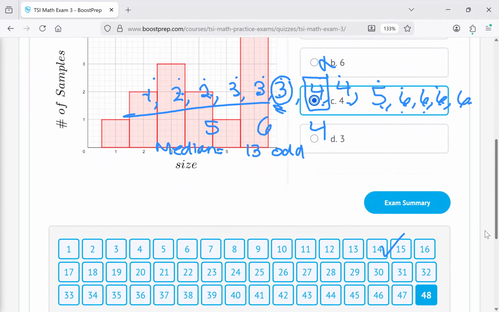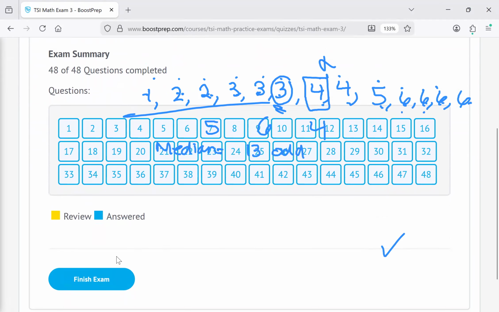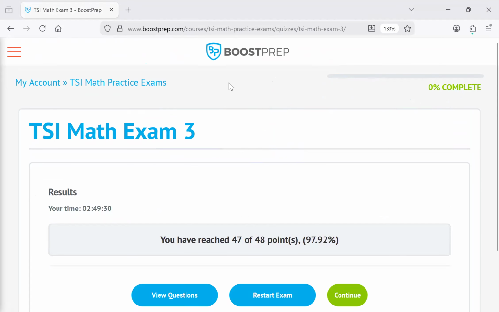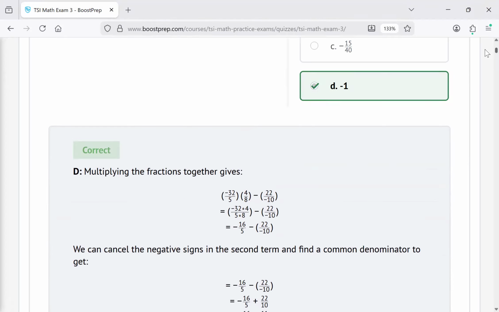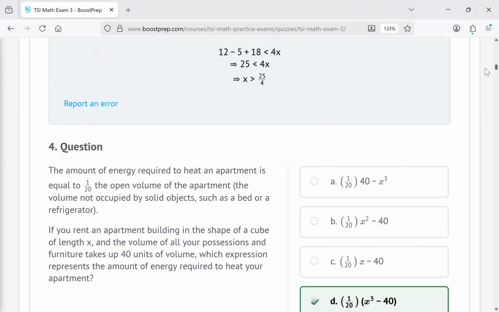Now let's check our results because I really want to know if I made a mistake. I have one problem I must have made a mistake on. Let us view. So we have a 97.92. I'm going to see what mistake I made. Everything else is correct.